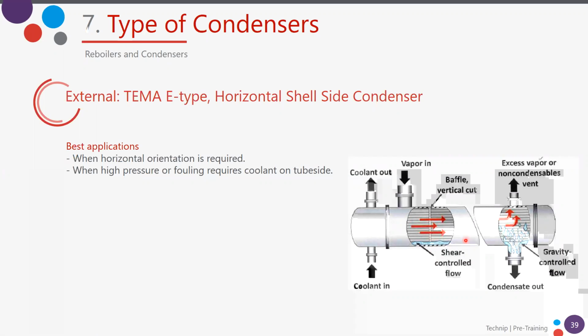Also, an extra nozzle at the top of the shell is placed as a vent for the non-condensables. Otherwise, if we do not take them out, they will limit the performance of the unit.